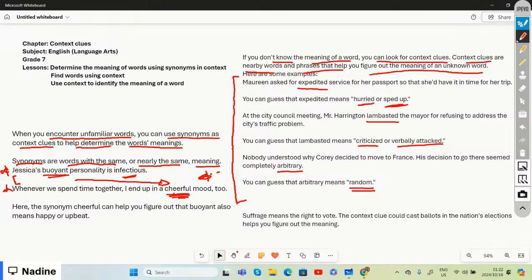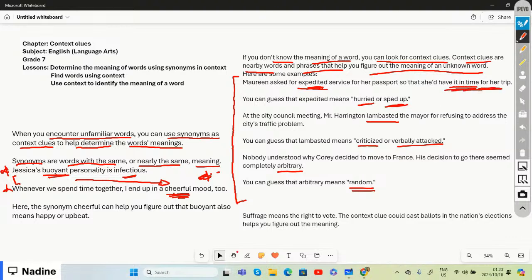You can even look at the sentence, right? How is the sentence phrased in order for you to understand what the sentence is about? Like we said here, Maureen asked for expedited service for her passport so that she'd have it in time for her trip.